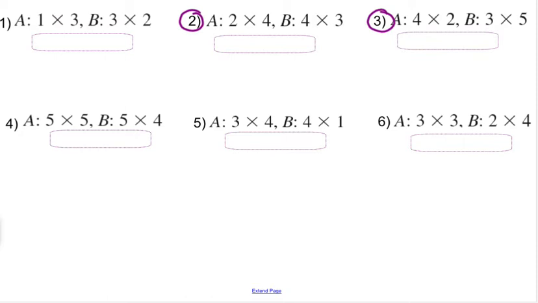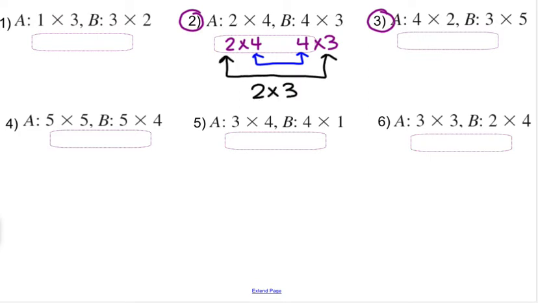Okay, hopefully you pause and tried those. So in this example, we have a 2 by 4 and a 4 by 3. We look at the inner, those two numbers are the same, so the outer two numbers are going to be your result. So you're going to have a 2 by 3 matrix when you're done. Yes. Now let's head over to example 3 here.